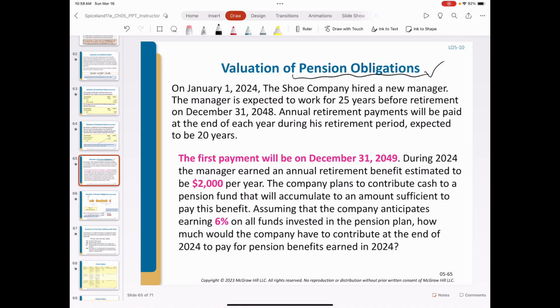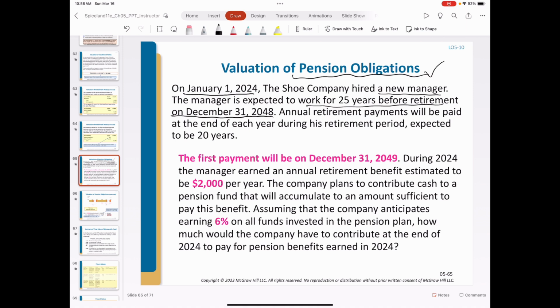So on January 1st, 2024, at the beginning of 2024, this company hired a new manager. She is expected to work for 25 years until December 31st, 2048. Then she retires.